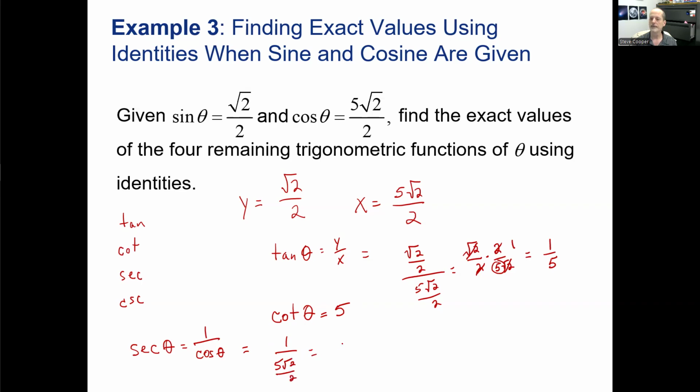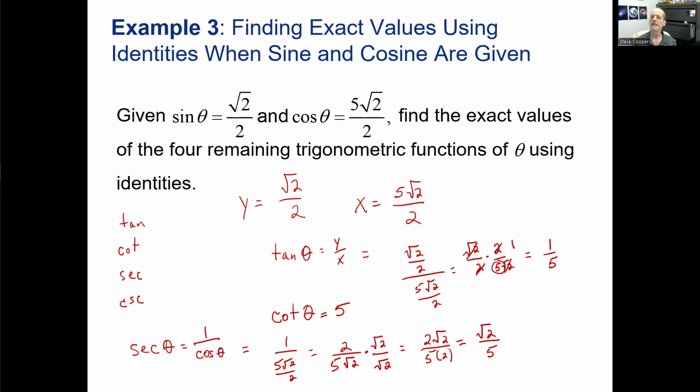And if we just flip that, I didn't have to go to all that trouble, I know. But we do have to go to the trouble of rationalizing the denominator. So we'll multiply it by the square root of 2 divided by the square root of 2. That's going to give us 2 times the square root of 2 over 5 times 2. And so that 2 will divide out, and this will just reduce to the square root of 2 over 5.